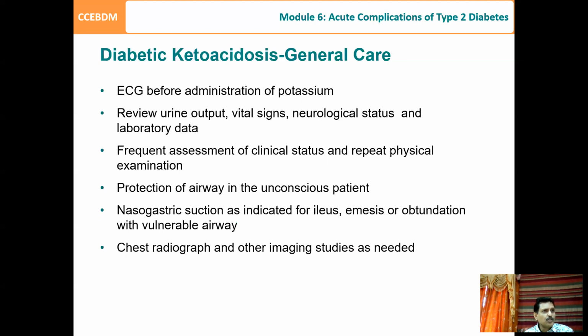We have to look into the urine output, the vital signs, neurological signs, frequent assessment of clinical status, protection of the airway in some unconscious patients, nasogastric suction in some patients, and chest radiograph is very important, because often infection is a precipitating factor for diabetic ketoacidosis, and pneumonia or respiratory tract infection is a very common offender, especially in elderly subjects suffering from type 2 diabetes mellitus.